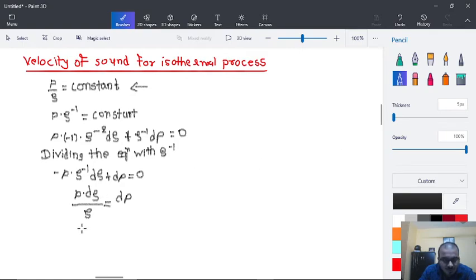So dp by d rho is equal to p by rho, that is equal to RT.